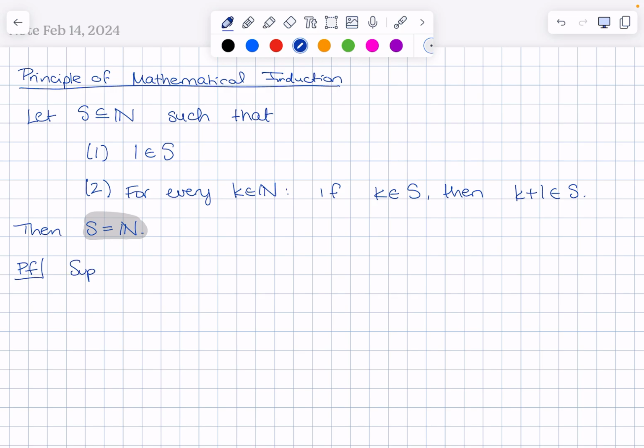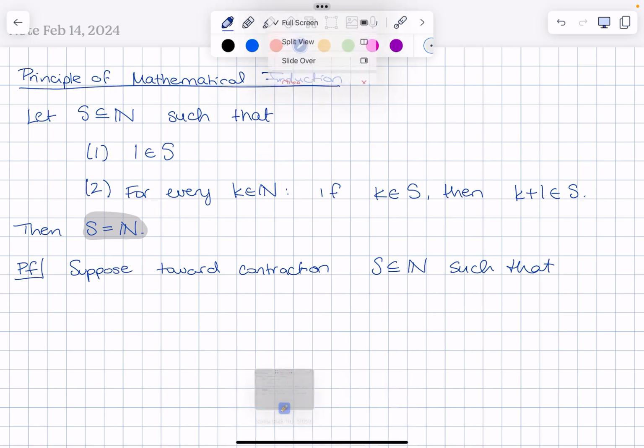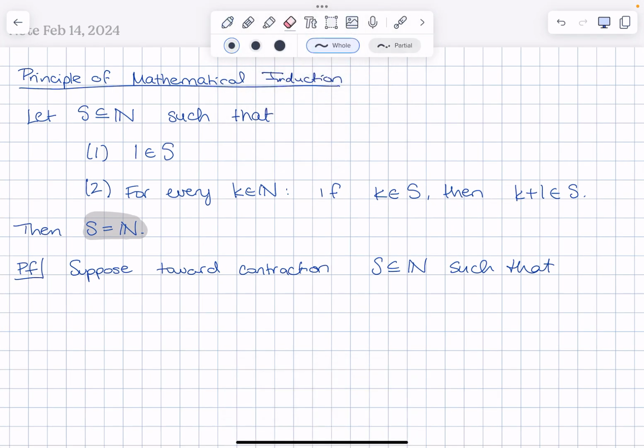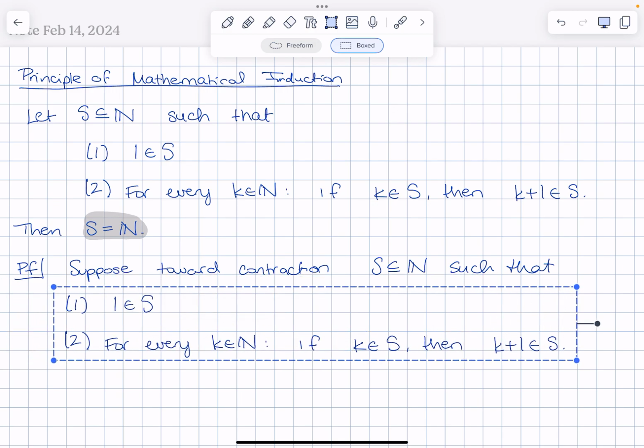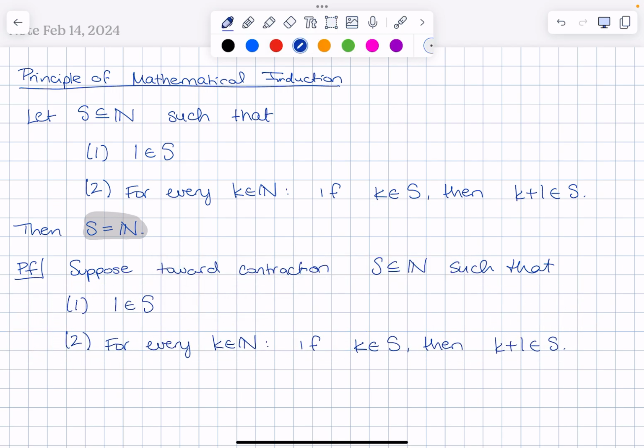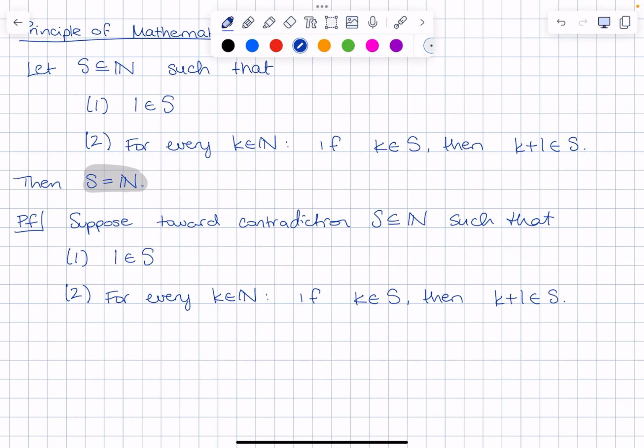So suppose, by contradiction, that S is a subset of the naturals such that both of these conditions hold, and S does not equal the set of natural numbers.